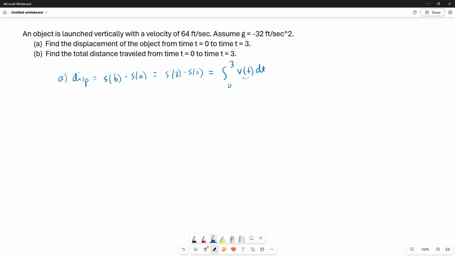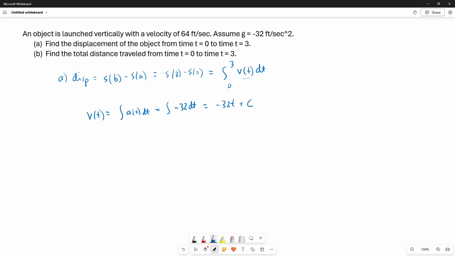And then, since the derivative of velocity is acceleration, we can calculate the velocity by integrating the acceleration. In this case, the acceleration is due to gravity, and it is negative 32. The integral of negative 32 dt is negative 32t plus a constant.